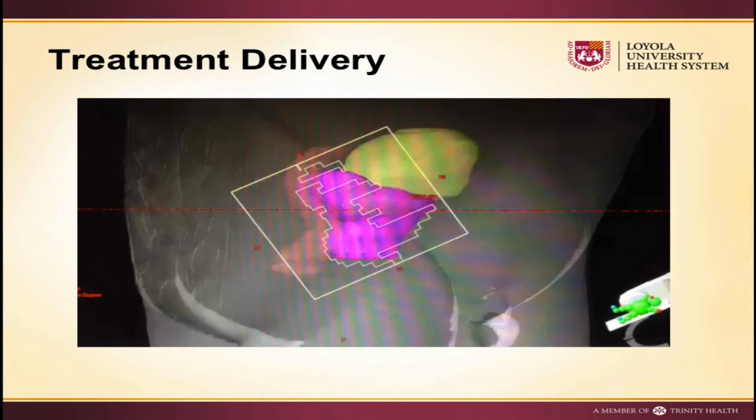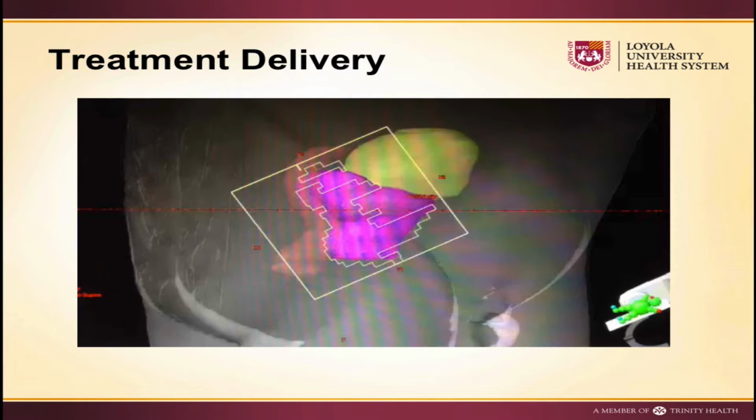So this is a little movie taken from the treatment of a patient that outlines what the treatment delivery actually looks like. This is kind of the representation of the patient, our green cartoon here.